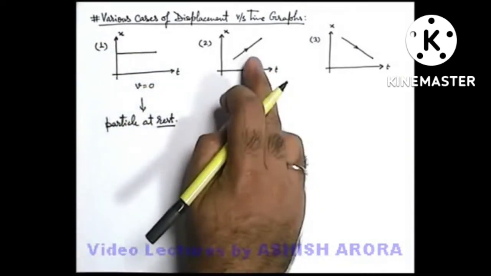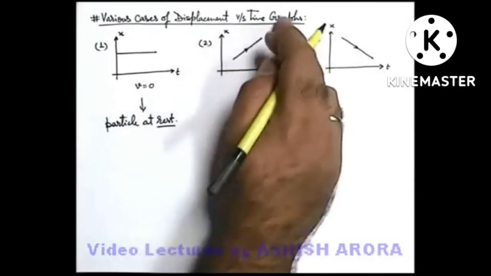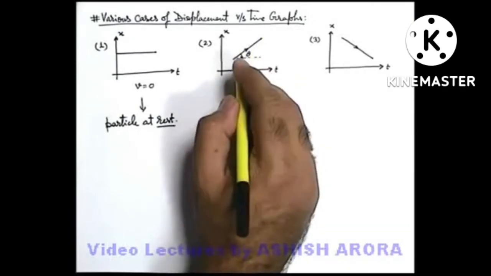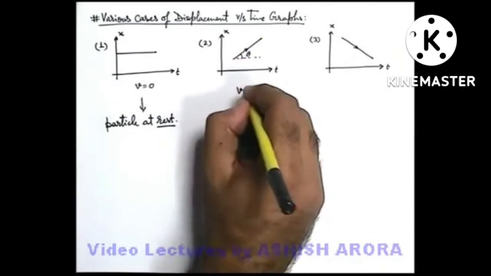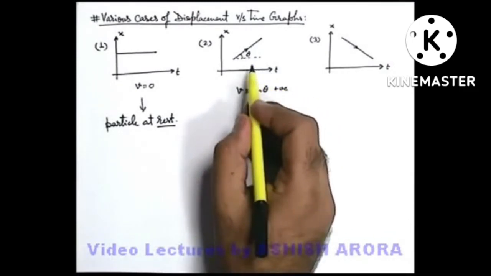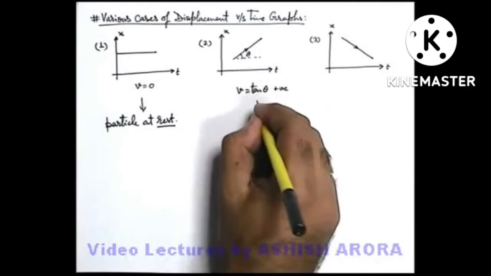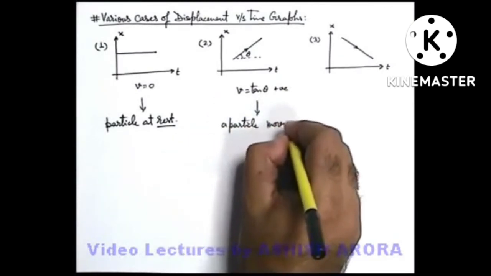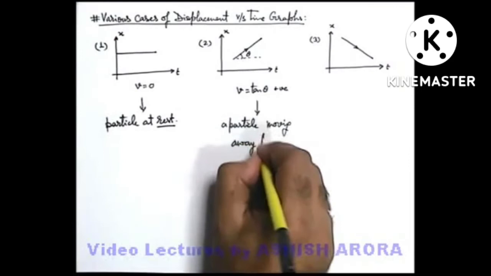If we talk about situation 2, we can see again it is a straight line, and if we find out the slope, its slope remains constant. So in this situation, the velocity of the particle can be written as tan theta, which is positive. So it is a motion of a particle having positive velocity, or we can state a particle moving away from origin.